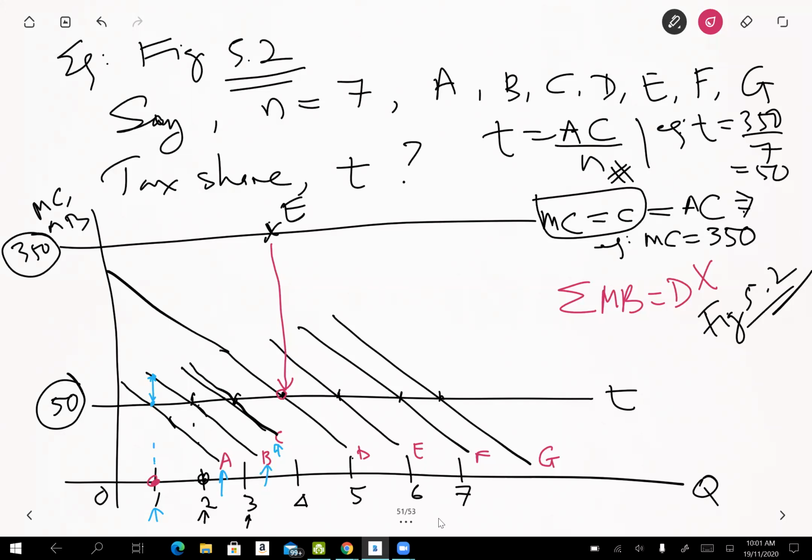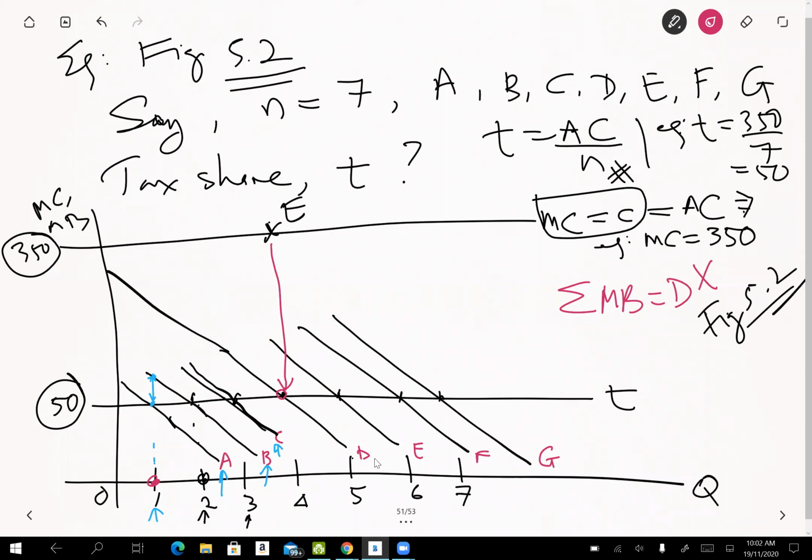If you look at this number 4, the outcome of the voting process, number one, this is the most preferred outcome of the median voter. Median voter meaning, roughly speaking, the voter in the middle.